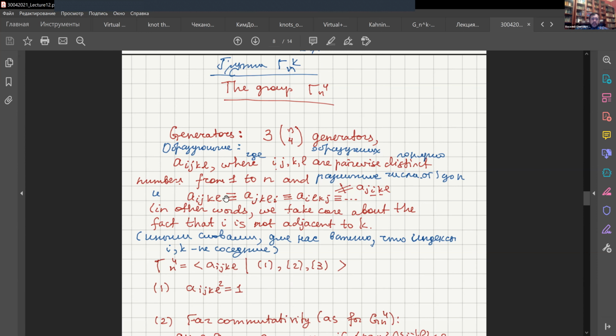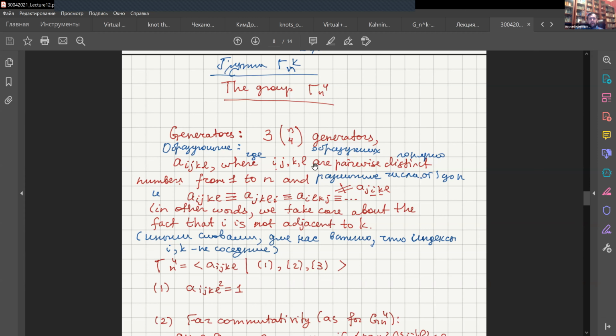So here you see when I just cyclically rotate here, I is still opposite to K, not adjacent to K, or I can invert the ordering here and I is again opposite to K. But you see, if I write it this way, J, I, K, L, then here I and K are adjacent, and this is not the same generator.